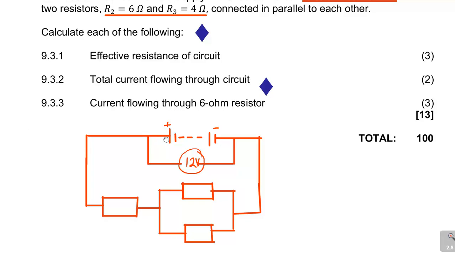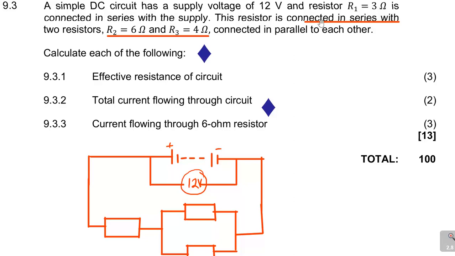They say R1 is 3 ohms, so this is my R1 equal to 3 ohms, and then they say this resistor is connected in series with two resistors R2 and R3 connected in parallel.